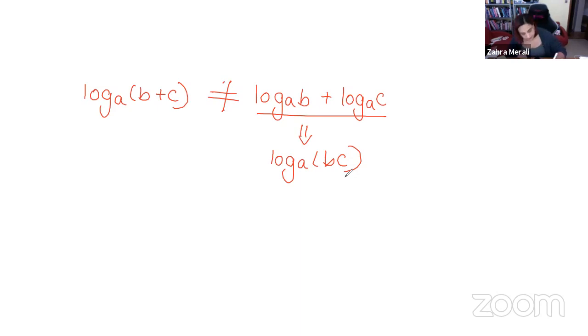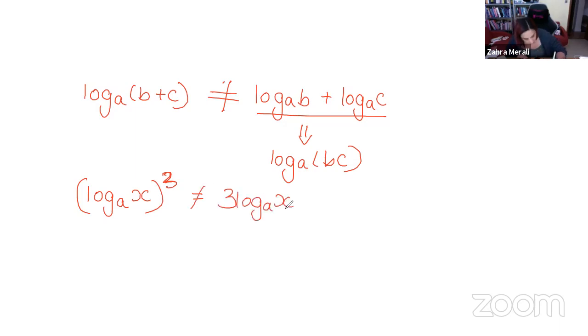The other thing that students like to do is if I have log a of x all squared, let's say all cubed, so the whole thing cubed, this is not the same as 3 log a x.